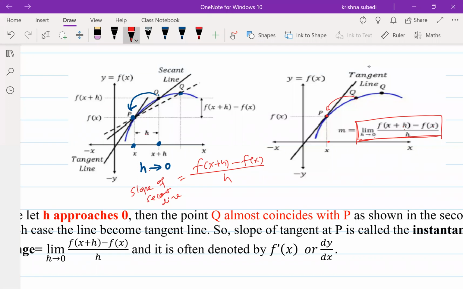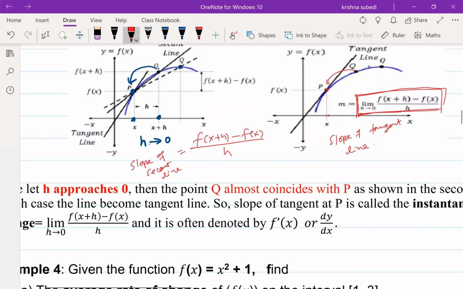But when h is almost 0, then Q becomes P, and I get this. So this represents the slope of the tangent line. When you take the limit, it becomes the slope of the tangent line.